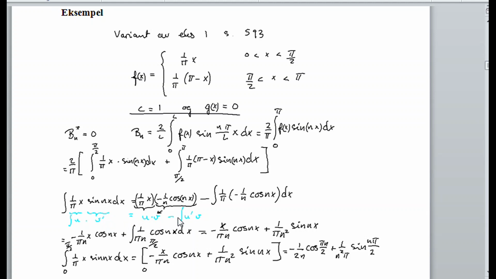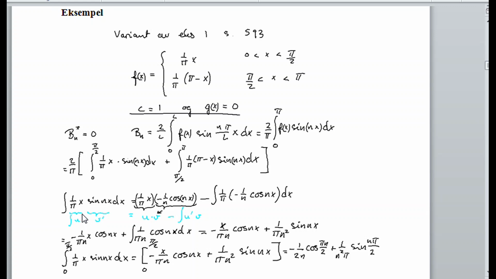This is a general identity for integration by parts. We integrate u times v prime and get u times v minus the integral of u prime times v. So then we only have to consider what should we call u and what should we call v.